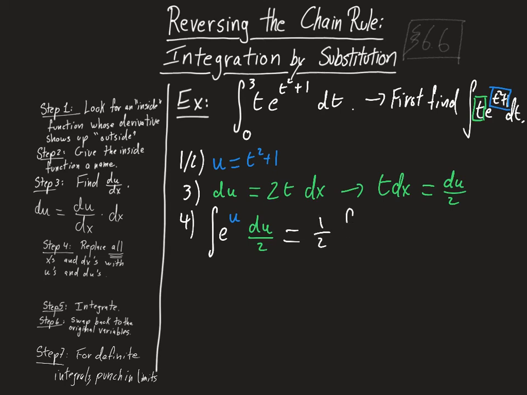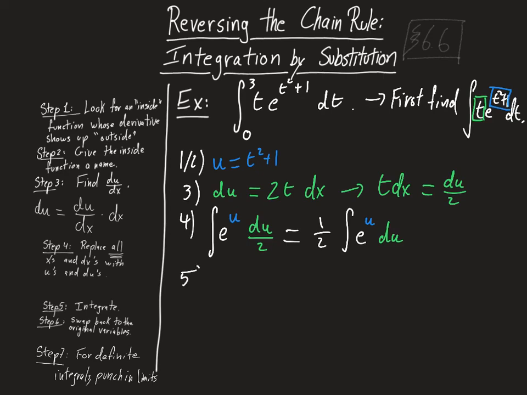It's going to be 1/2 integral of e to the u du. And remember, the whole idea of this method, at step number 4, is to hopefully have a problem that looks much easier. And that's what we have here. Integral of e to the u du is very, very easy.